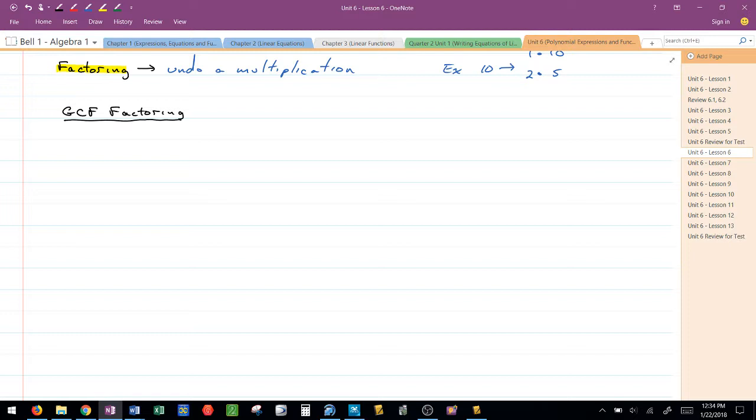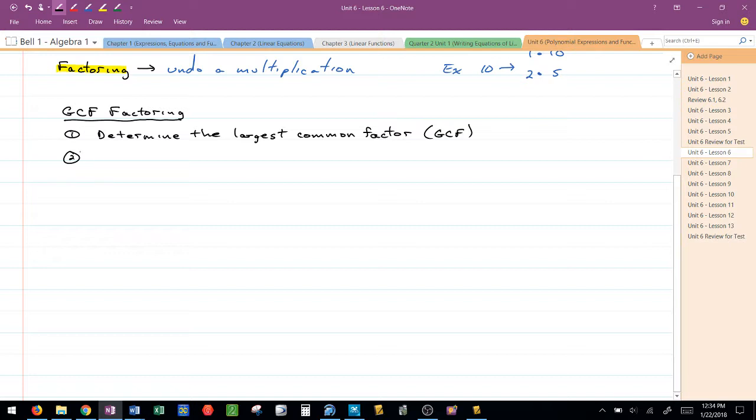The first step of GCF factoring is to determine the largest common factor. That largest common factor we are going to refer to as the GCF, the greatest common factor.